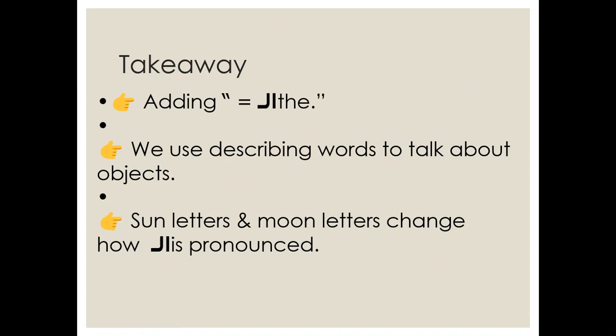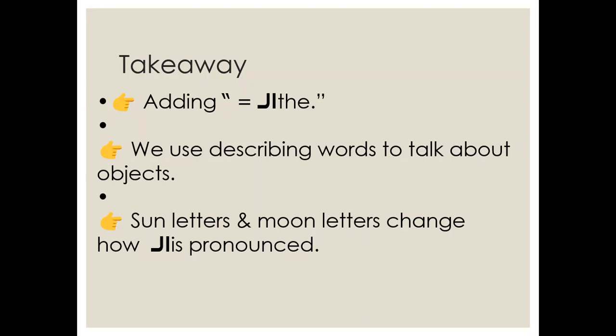We have kitabun before. Then when you add alif and lam to it, it becomes al-kitabu. Then we use describing words to talk about objects. And also we talk about the sun and moon letters, whereby the alif and lam will be the one to determine if it is huruf shamsiyya or huruf qamariyya.